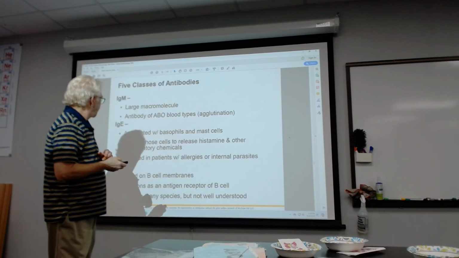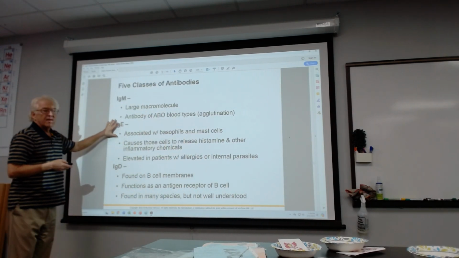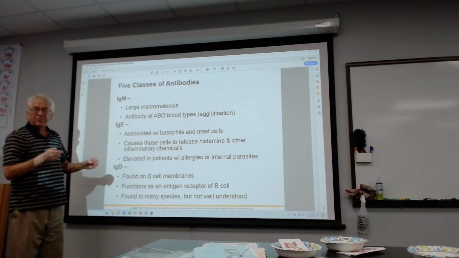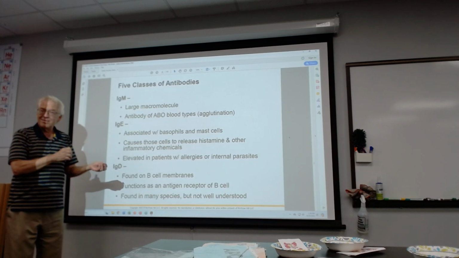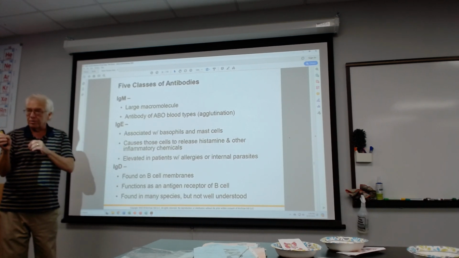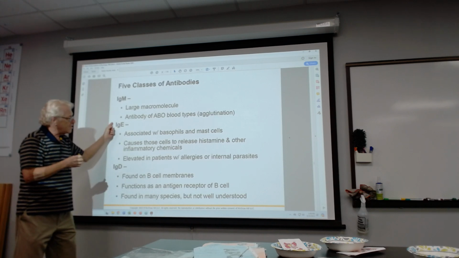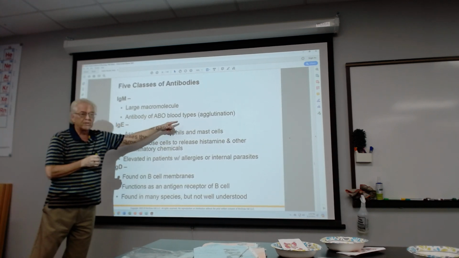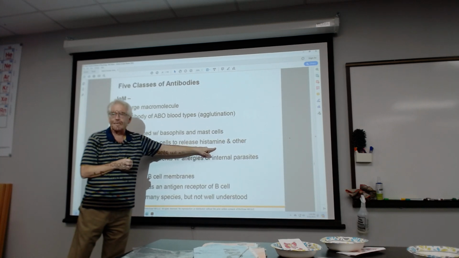Okay? All right. IgE. This is the one that is released on contact with something you're allergic to. And the IgE then tells the basophils and the mast cells to release histamine.